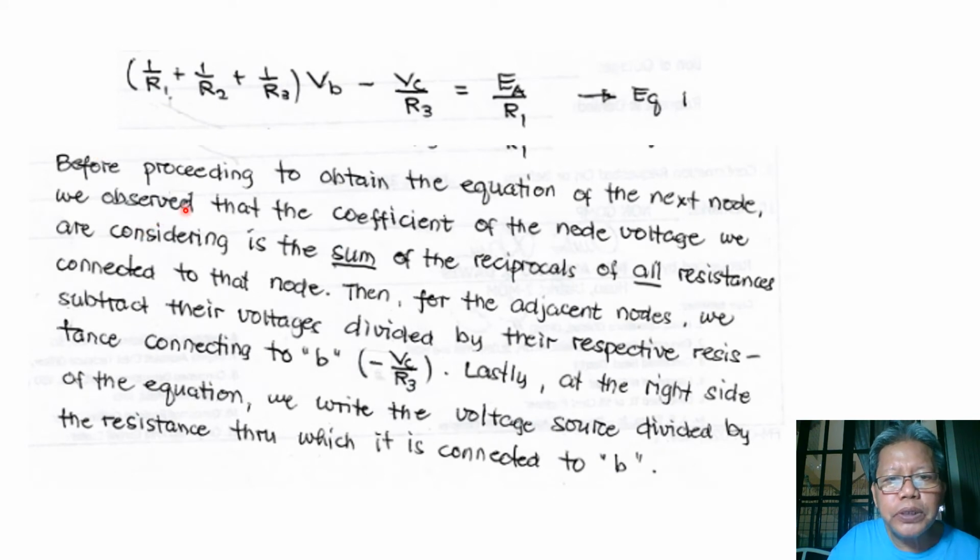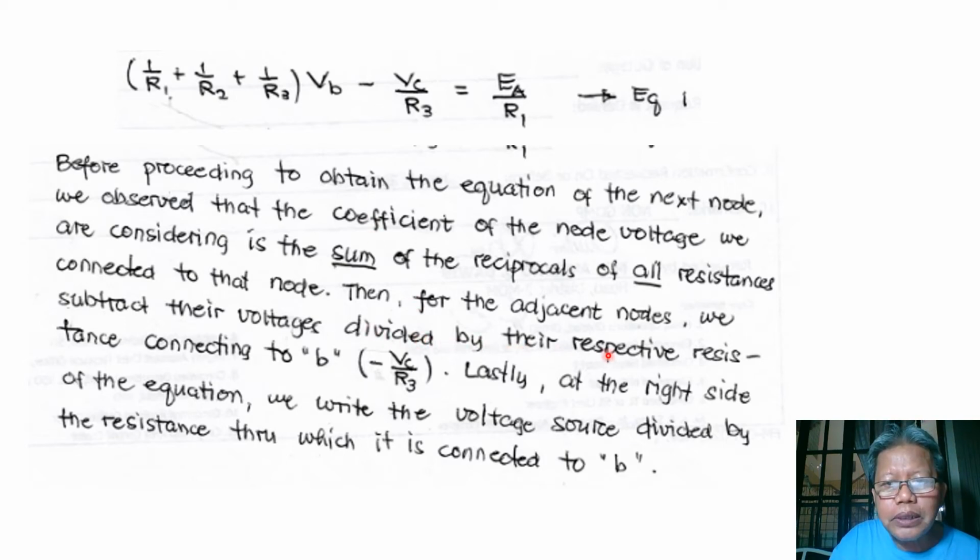Before proceeding to obtain the next node voltage equation, we observe that the coefficient of the node voltage we are considering is the sum of the reciprocals of all the resistances connected to that node. So here we are considering node B, and the coefficient of voltage V_B is the sum of the reciprocals of all the resistances connected to B. So we have 1 over R1 plus 1 over R2 plus 1 over R3.